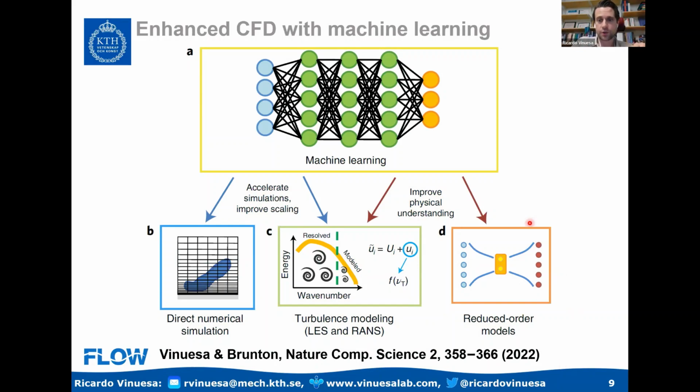And this reduced order model aspect, I'm going to be talking about today in quite some length. So machine learning can help CFD. We are not talking about replacing CFD at all. We are just talking about being able to improve certain procedures or certain aspects within the CFD process and the data analysis associated with computational fluid dynamics.